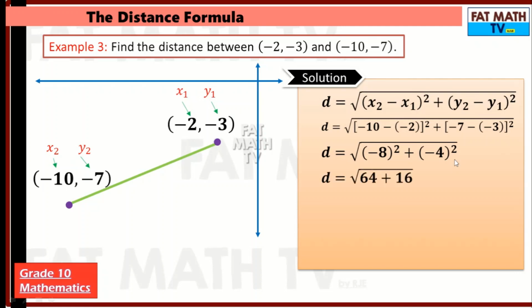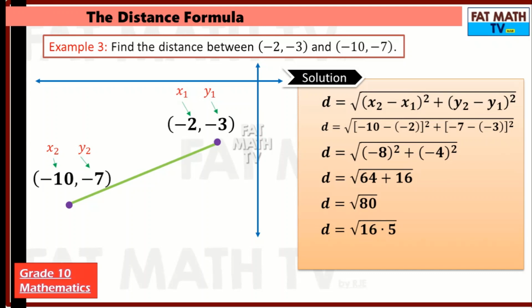Negative 8 squared is 64. Negative 4 squared is 16. And 64 plus 16 is 80. So that is 80, and 80 is not a perfect square. So what we can do is we can just factor and take out the perfect square factor of 80. What is the largest square factor of 80? 16.